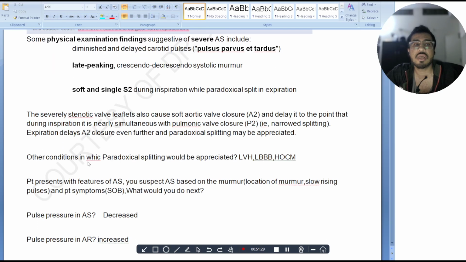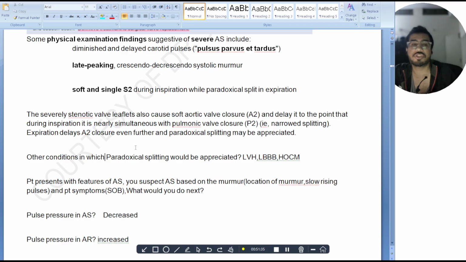Other conditions in which paradoxical splitting would be appreciated are anything that results in delayed closure of the aortic valve, such as left ventricular hypertrophy, left bundle branch block, HOCM. With greater squeezing of the blood through the valve, the valve is gonna close later. Left bundle branch block, the contraction is gonna start late, so it's gonna end late. Delayed closure. HOCM, hypertrophied left ventricle, so greater squeezing of the blood.